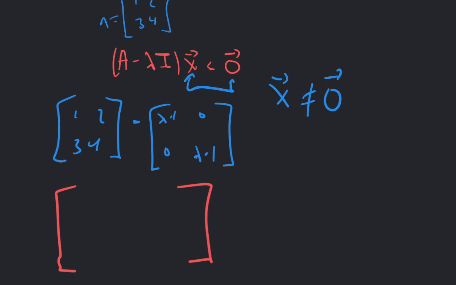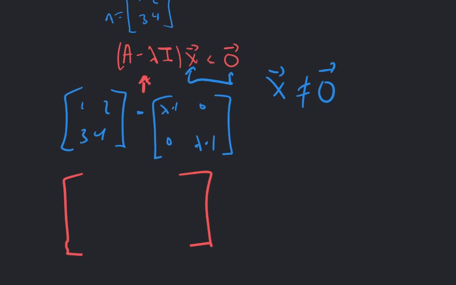So the only way that that's going to be happening is when the determinant of this matrix is 0. So we take the determinant, so we have 1 minus lambda, 2, 3, and then 4 minus lambda. These ones should be erased because it's just lambda.